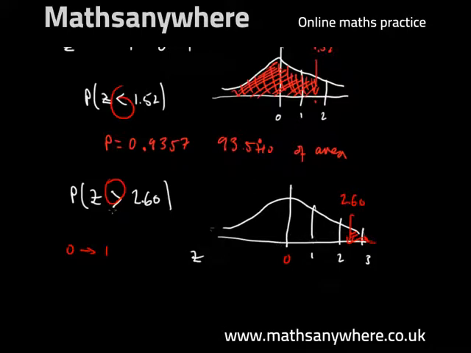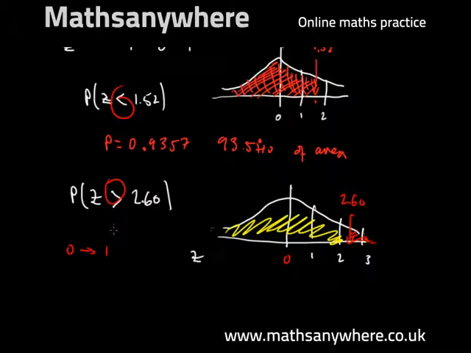So when we're asked what is the probability that a certain outcome is greater than a threshold value, we need to do a little bit of maths to make sure that we are looking at the correct side of the graph. If we look at our table, it can tell us the area to the left of this point on the graph, a Z value of 2.60.